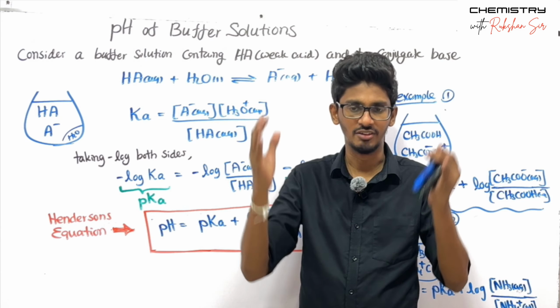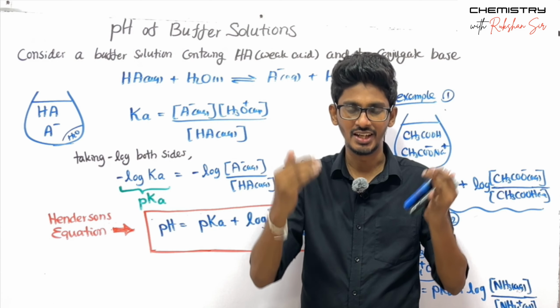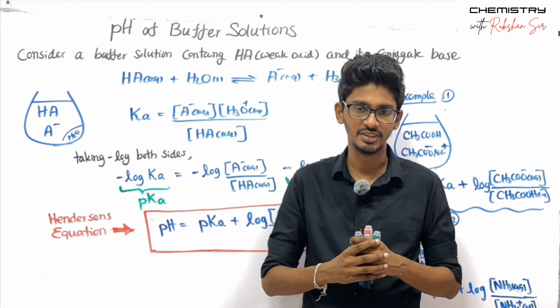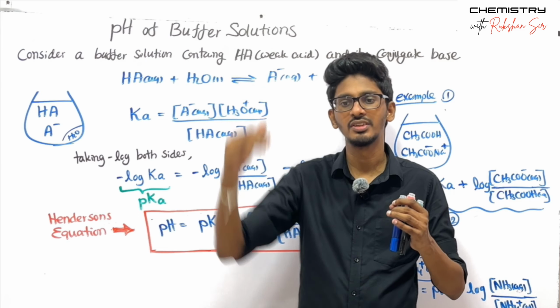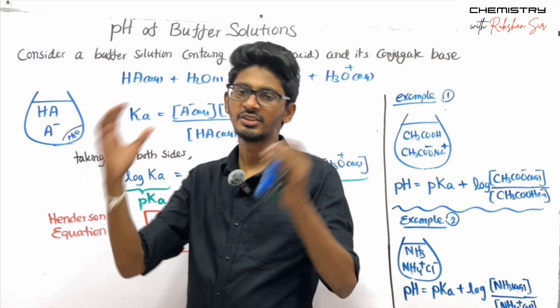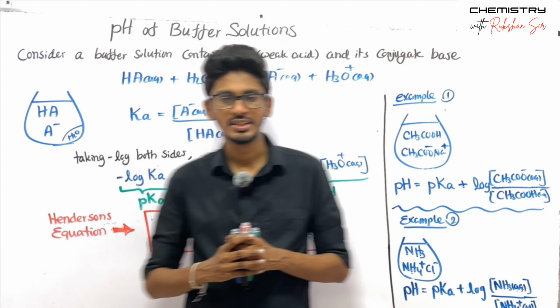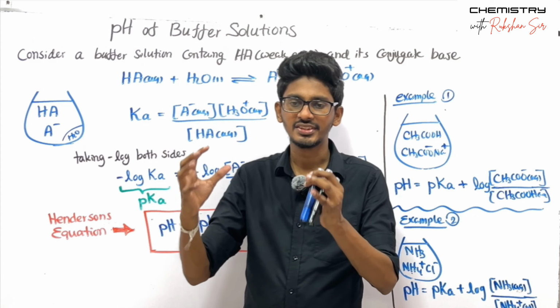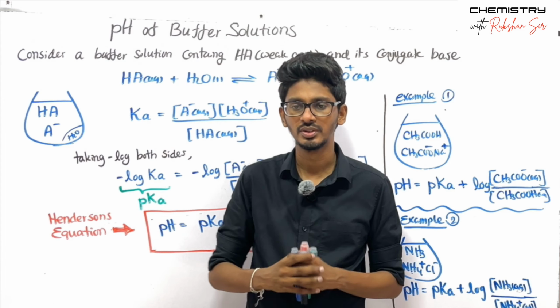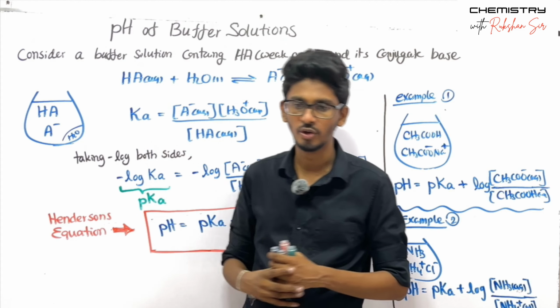Let's say you have a solution of HA and A minus, and your HA amount is 1 mole inside the solution, and the A minus amount is 20 moles. Let's consider that. If such a situation appears, that means your base in the solution is very high and the acid is very low, 1 mole of acid and 20 moles of base.